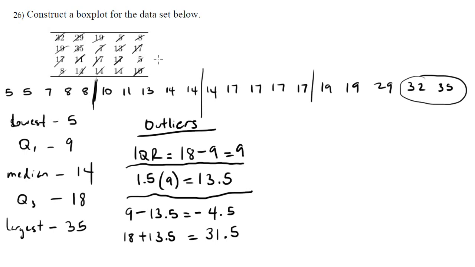Going up to 35, maybe I should do this by 5s, starting at 0 so I have some slack: 5, 10, 15, 20, 25, 30, 35, 40. Outliers at 35 and 32. Smallest value is 5. Largest value now is 29.